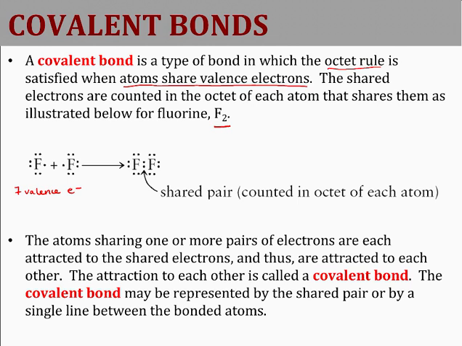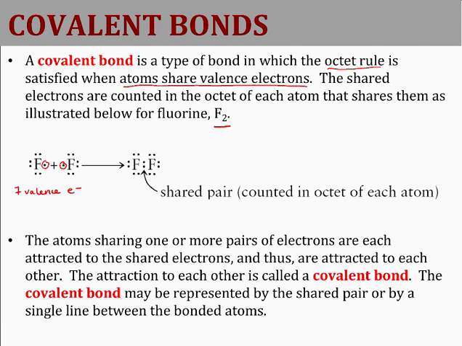So here we have 2 Lewis symbols or structures for fluorine atoms. And you'll notice that each fluorine has an unpaired electron. So what we'll see is those 2 unpaired electrons are going to team up and form a shared pair of electrons. So that shared pair is going to be counted in the octet of each atom.